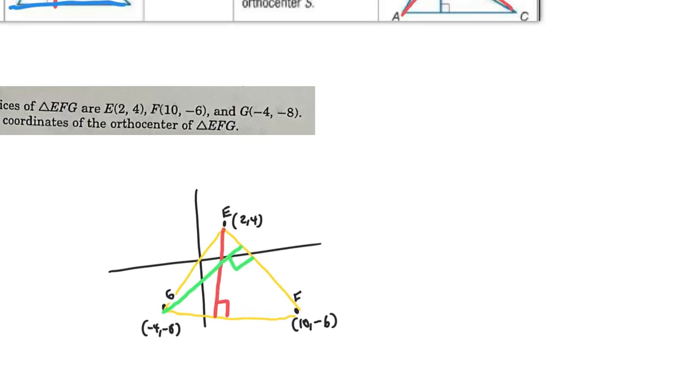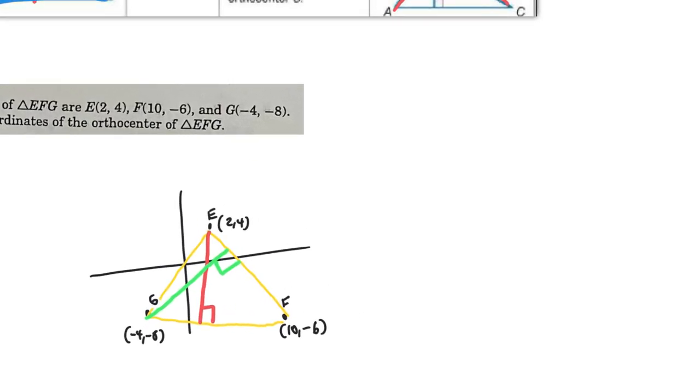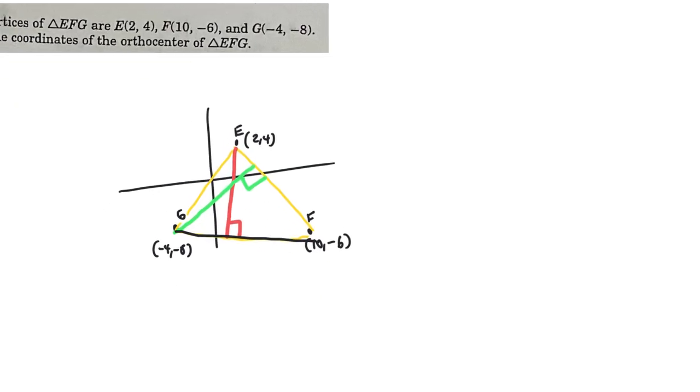Well, isn't the red altitude perpendicular to this black side? And because that's true, isn't it true that the slope of the red altitude is the opposite reciprocal of the slope of this black line? Well, yeah. So let's find the slope of the black line.